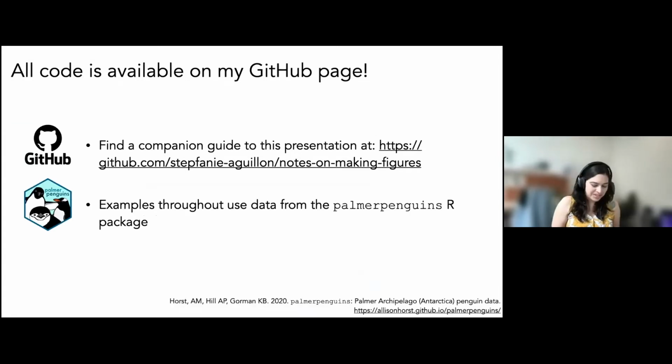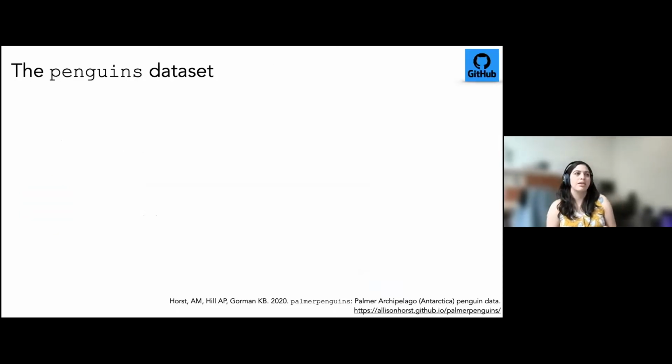Examples throughout the GitHub repo use the Palmer Penguins R package. In the presentation, I will have a little GitHub icon in the corner of slides where there is an associated part of this companion document.